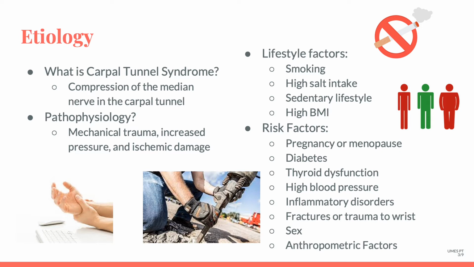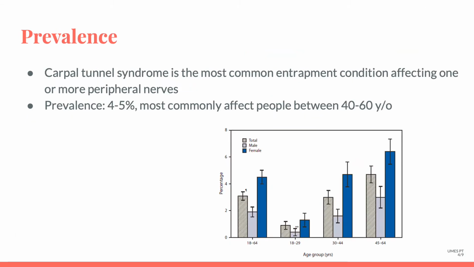And then other factors include smoking, high salt intake, sedentary lifestyle, high BMI, pregnancy or menopause due to fluid retention, diabetes, thyroid dysfunction, high blood pressure, inflammatory disorders such as rheumatoid arthritis, fractures or trauma to the wrist because they reduce the area in the carpal tunnel, sex, with females being more predisposed, and as I had mentioned, anthropometric factors.